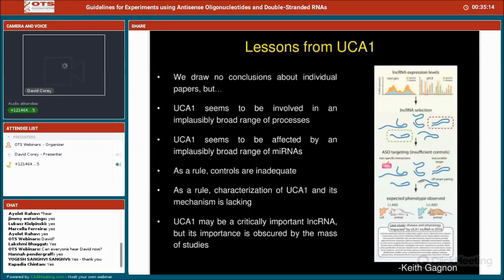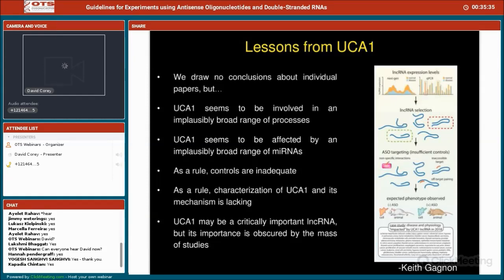Well, we have a long non-coding RNA. It might be important for disease and therapeutic development, but because we have so many studies where the controls are inadequate, if there were good studies, they're obscured by the mass of studies that are perhaps not so good.